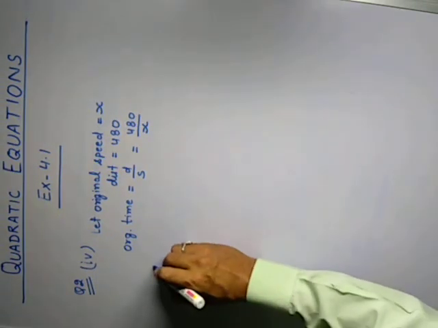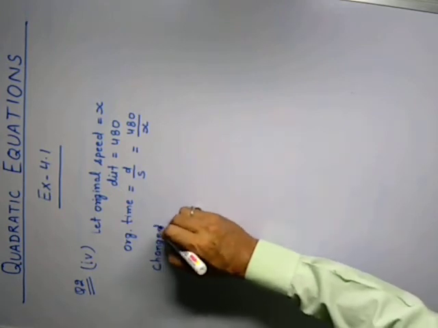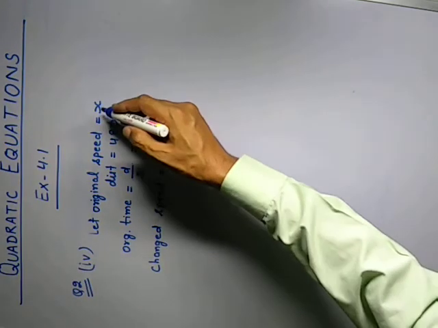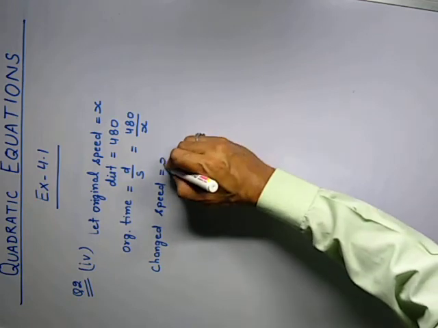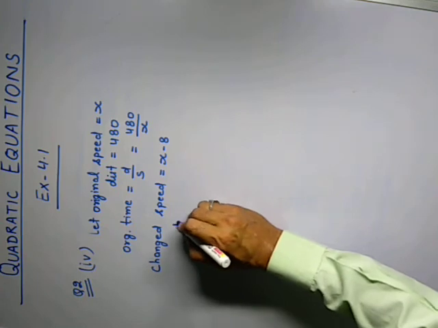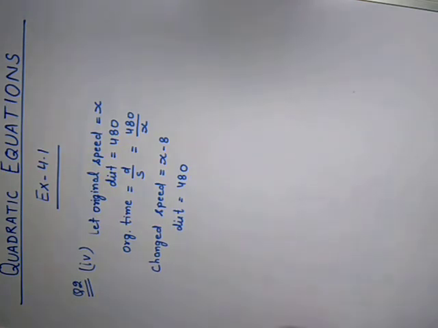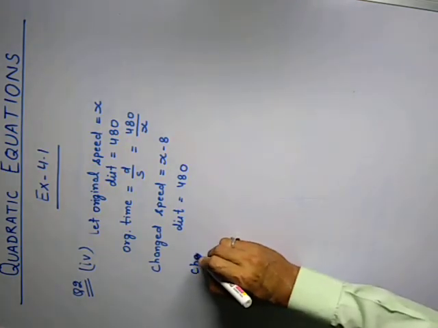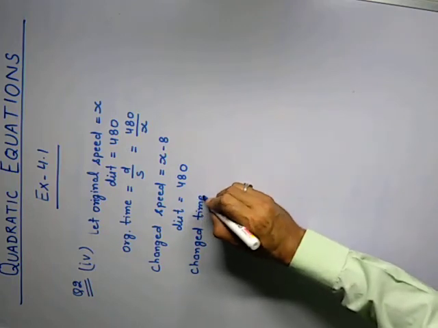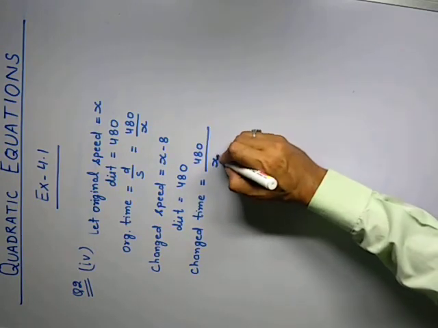Now if the speed had been changed, so now changed speed, which is given that it is 8 kilometer per hour less than original speed, so it will be x minus 8 and distance is same, 480 kilometers. Now changed time will be 480 upon x minus 8.